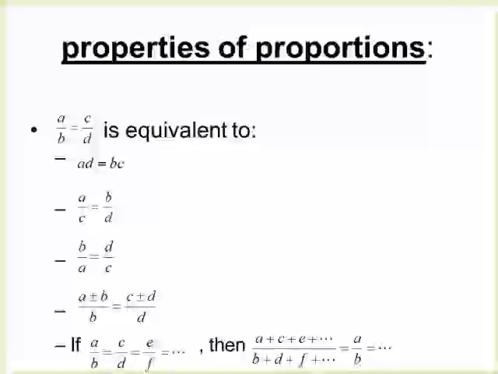The next one says that we add together, or we could subtract, the tops and bottoms of one side, keep it over the same bottom, and then do the same thing on the other side. Let's just see. So I'm going to throw some numbers out. Let's say our original proportion was 2 over 4 is equal to 3 over 6.